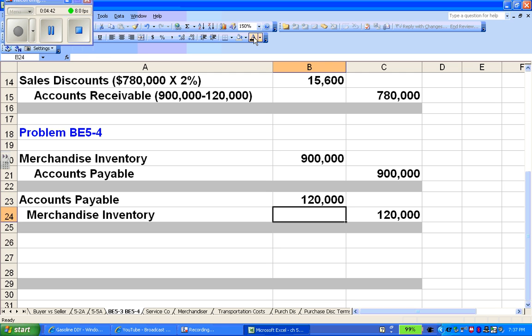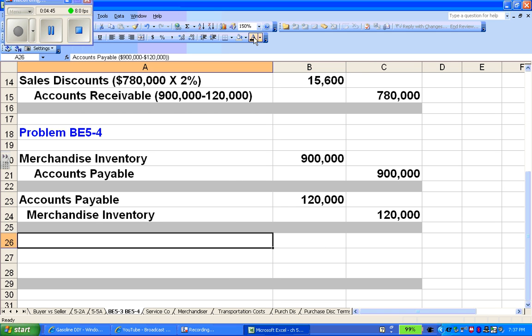Let me do this a step at a time and take care of that entry first. So I'll debit my accounts payable. I'm going to remove that off my books because I'm going to pay Monroe Company now. And there's how I calculated the 780, right? We're going to take the 900,000 minus the 120, and that's our current accounts payable balance to Monroe Company.